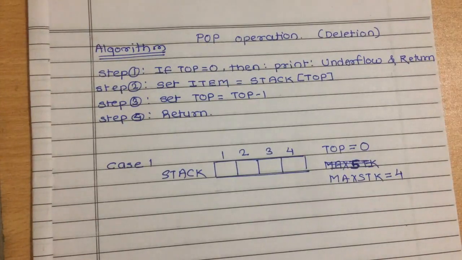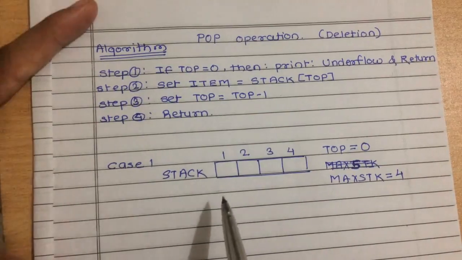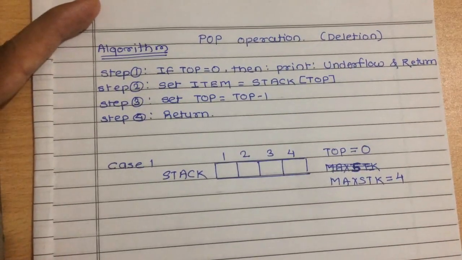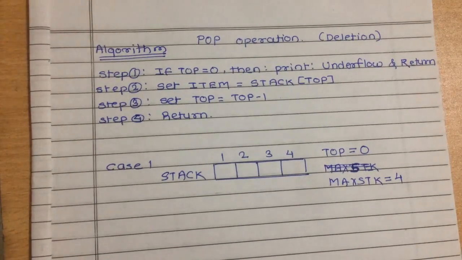So this is the first case where we are having no element present in the stack. While deleting any element from stack, or while doing the pop operation, first we have to check whether an element is present or not. If element is present, then and only then we can remove one element from stack. If element is not there, then it is not possible to remove an element from that stack.